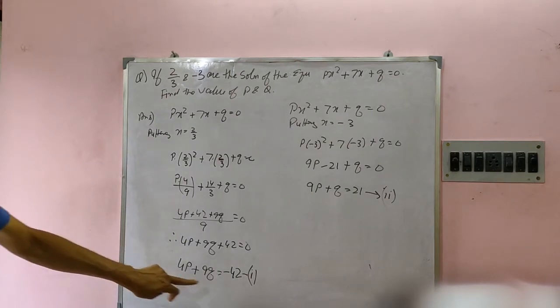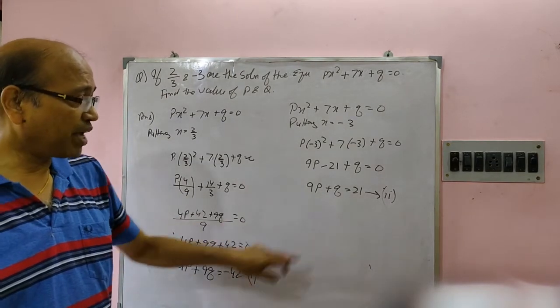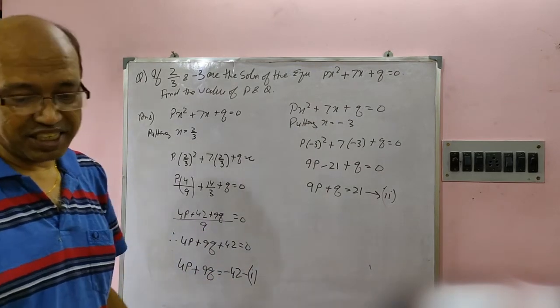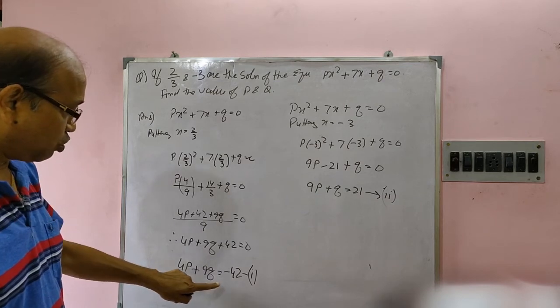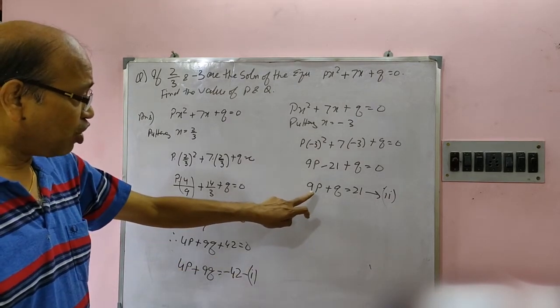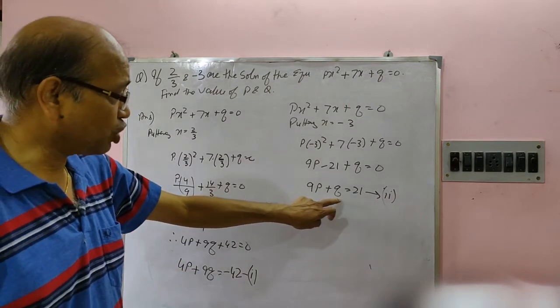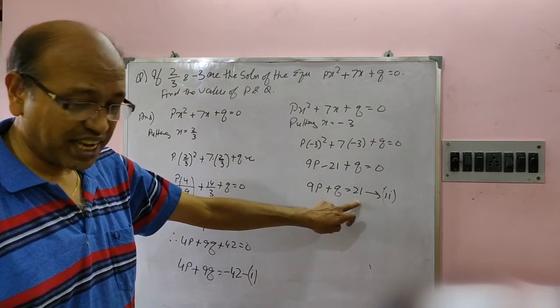We have to solve these two equations by simultaneous linear equations. So I got two equations: 4p plus 9q is equal to minus 42, and 9p plus q is equal to 21, the second equation.